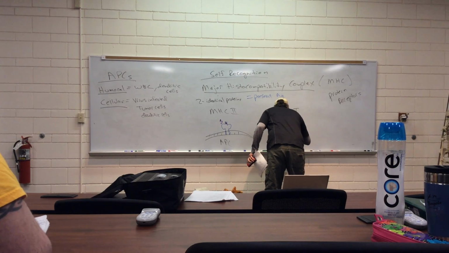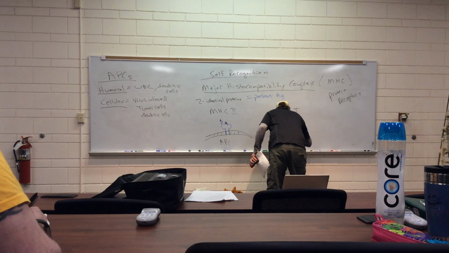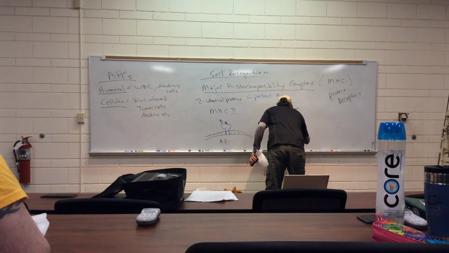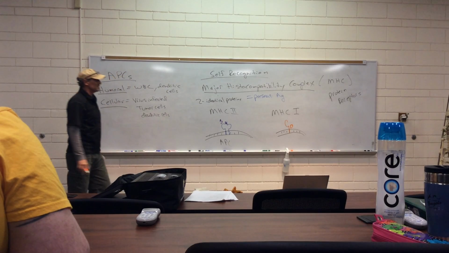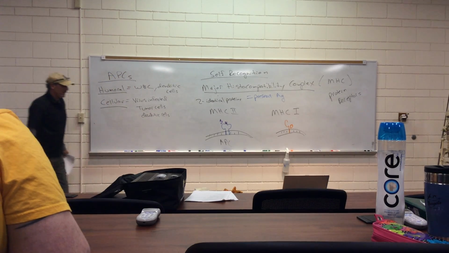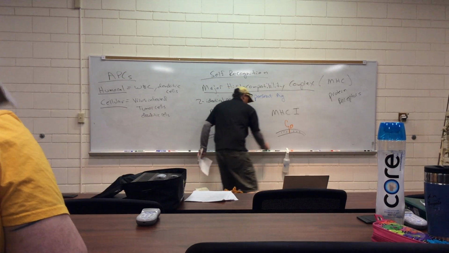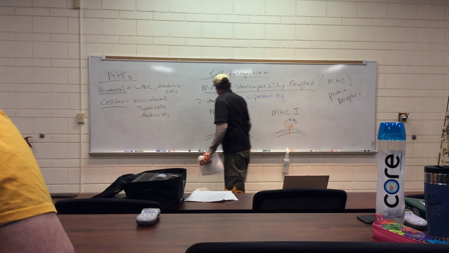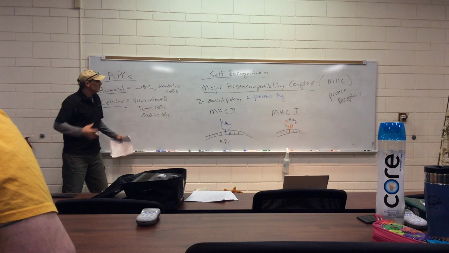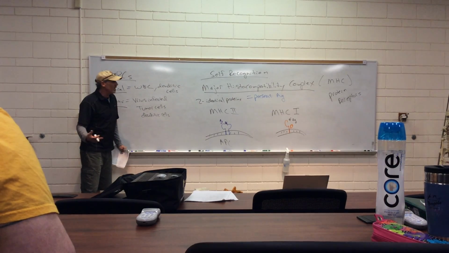It has a very similar MHC class 2 type chain with this beta microglobulin. So it's not quite the same. They're a little bit different. And same thing, it interacts with the antigen. These guys recognize self from non-self.